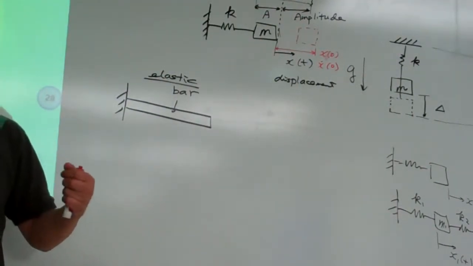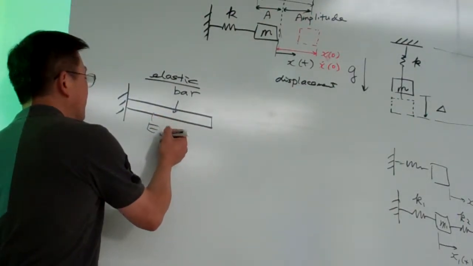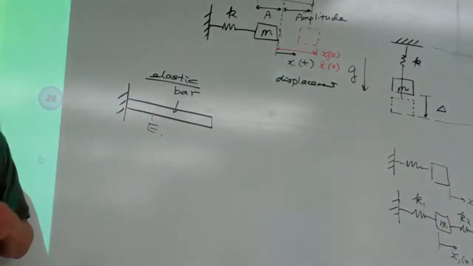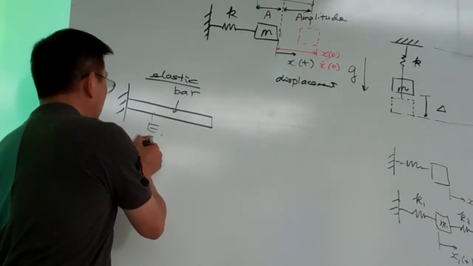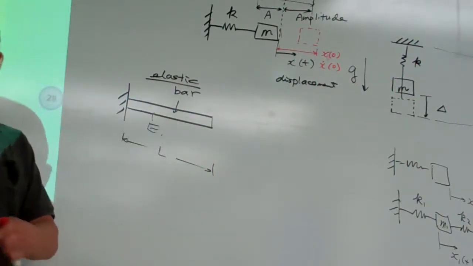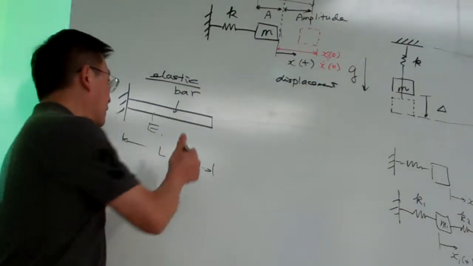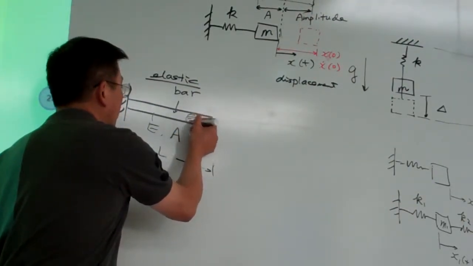Deformable means it has the Young's modulus E, and it has dimensions. For example, the length is L. And it has geometry, say a cross-sectional area A.